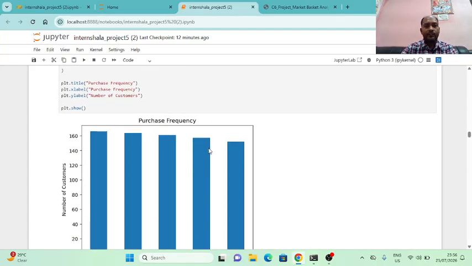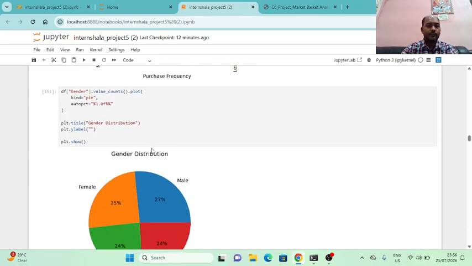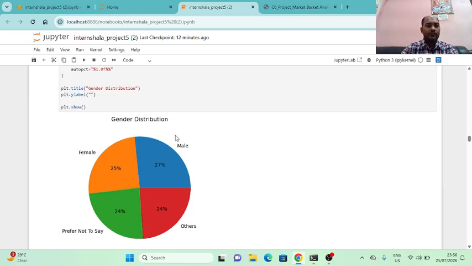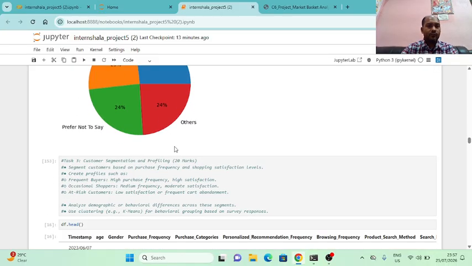And this is the purchase frequency data plotted through a bar chart. I have also shown the gender distribution through a pie chart. We can see that 25% are female, 27% are male customers, and 24% of customers are others, meaning they did not fill in their gender.